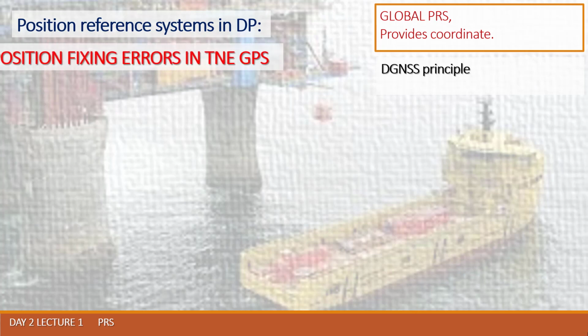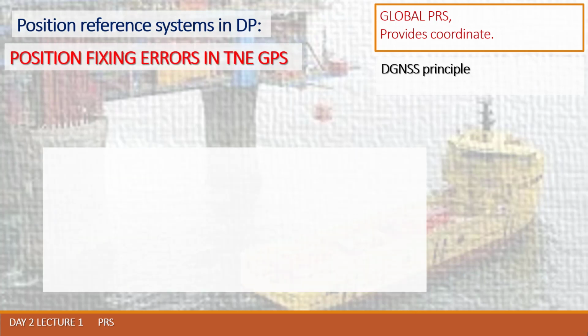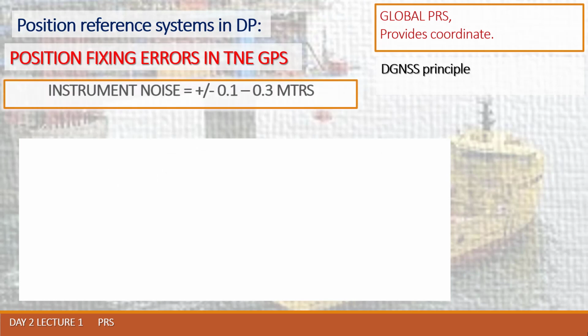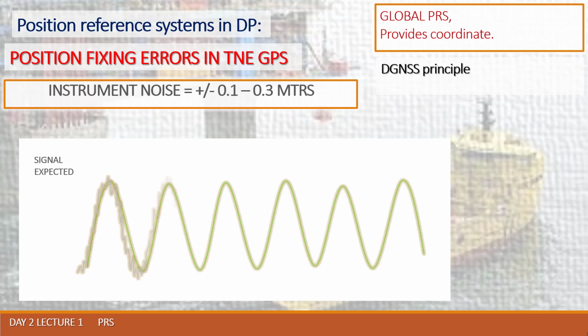This natural error is known as instrument noise, and it provides a deviation of the received signal curve from the expected signal curve of 0.1 to 0.3 meters. In other words, the natural deviation of the received signal from the expected signal varies from 10 to 30 centimeters.